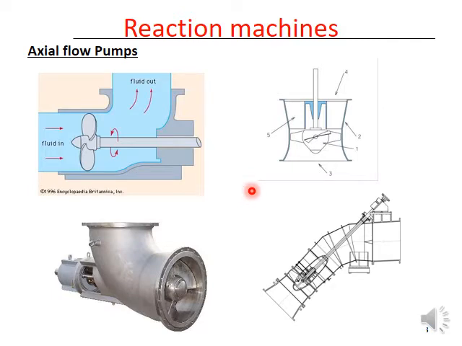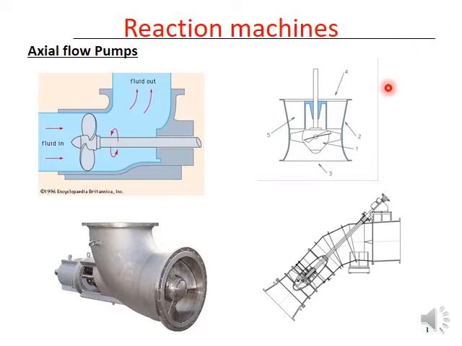They are more efficient than centrifugal pumps or radial flow type pumps for low head applications. That means you use them for pumping larger volumes to lower elevations. So you lift water from here, say to a water treatment plant.